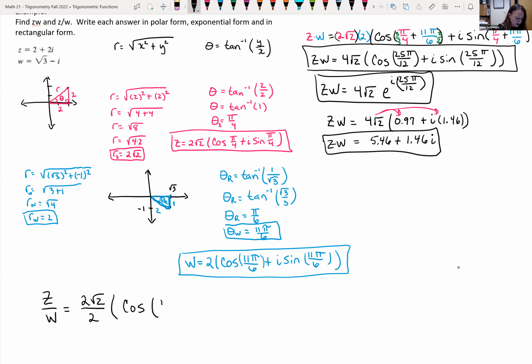So our angles were pi fourths minus 11 pi 6, plus I sine of the difference pi fourths minus 11 pi 6.